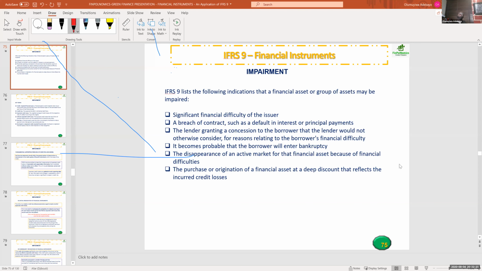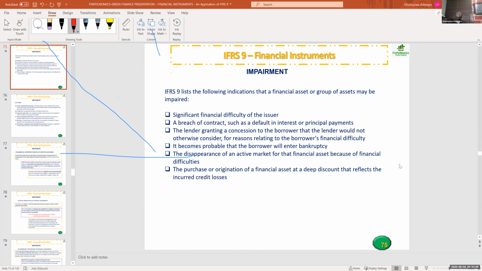Interest that is due over 90 days has not been paid till today, or paid in part. The principal portion has not been paid for some time. This is already a trigger that shows that there's a loss event. If there's a breach of contract between you and the other party so that it is affecting your collection of cash flows, there's a loss event.